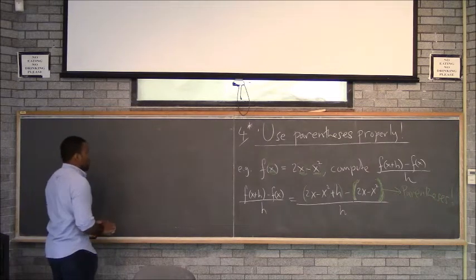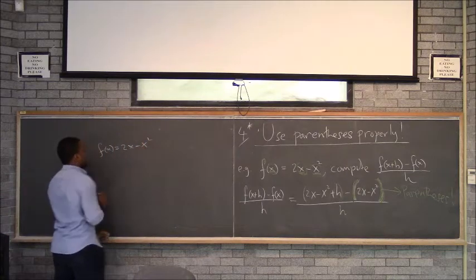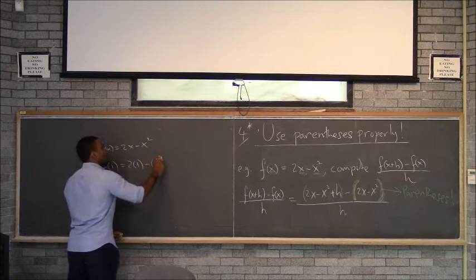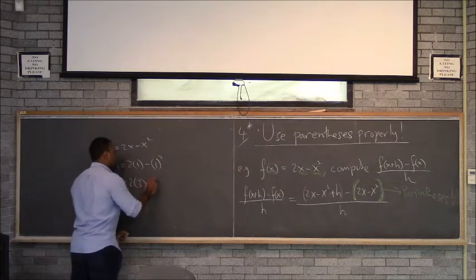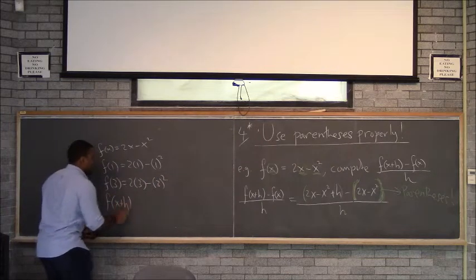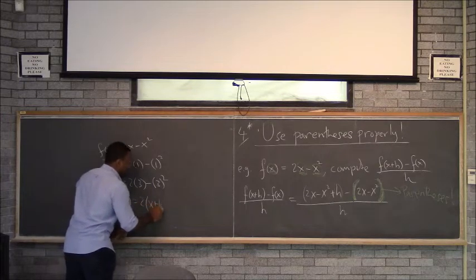So if I were to say f of x equals 2x minus x squared, if someone were to ask me, what is f of 1? Well, it's 2 times 1 minus 1 squared. What is f of 3? It's 2 times 3 minus 3 squared. What is f of x plus h? Well, it means in the parentheses, you would now put x plus h.